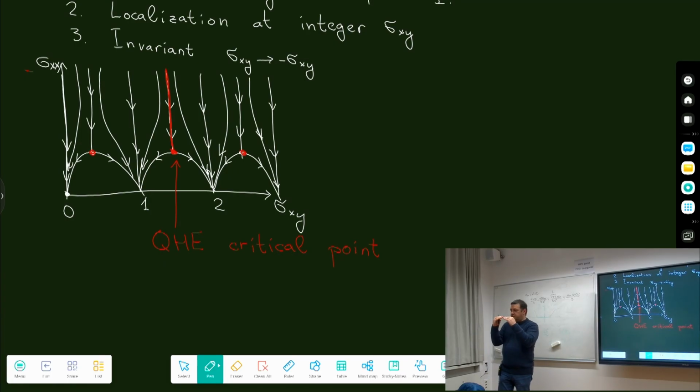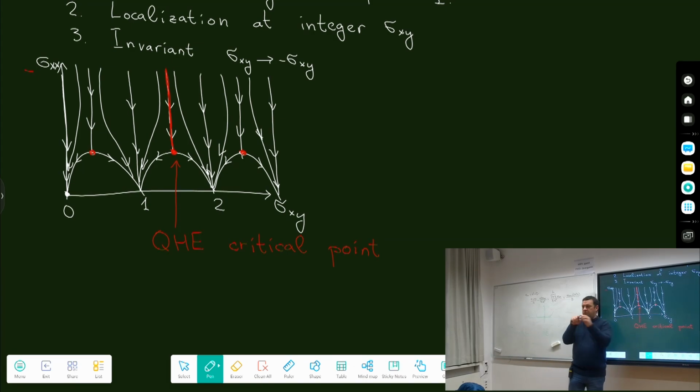And between these phases, there are phase transitions when you go from one integer value to the other one. And this is where you have this step. Sigma xy goes from one integer value to the other integer value. And exactly at this step, when you are in the middle, sigma xx is not 0. It's not an insulating state.